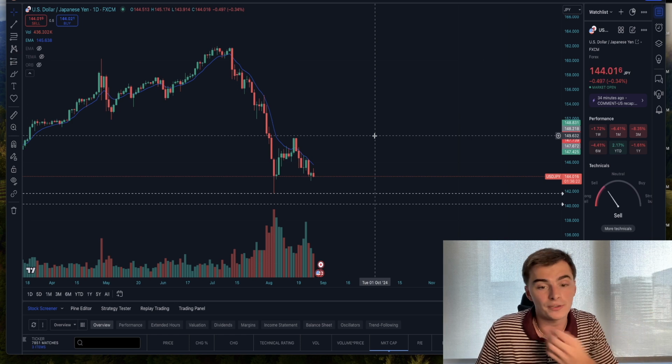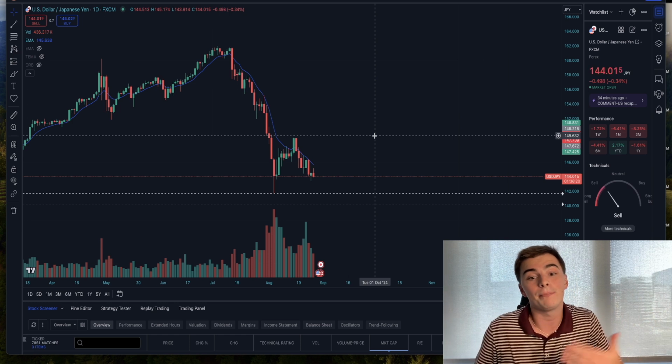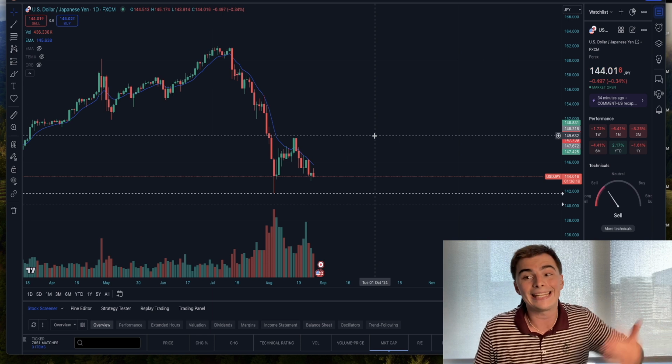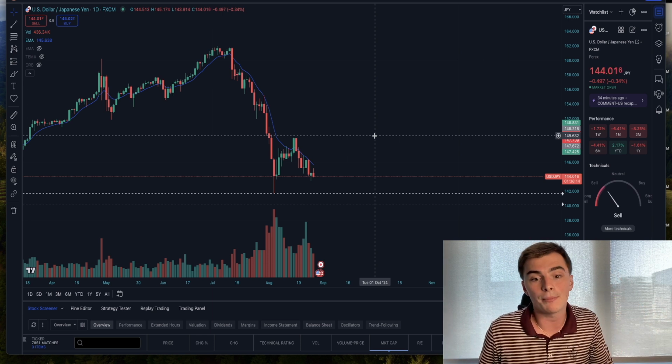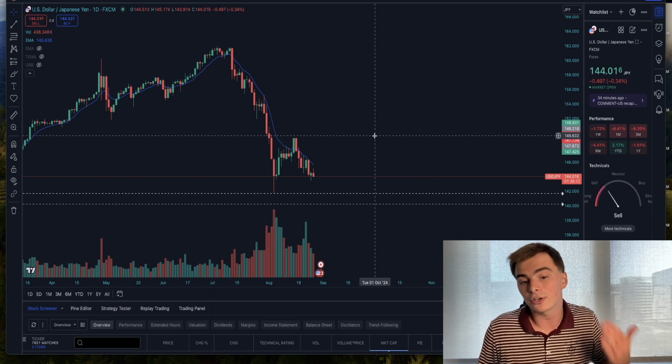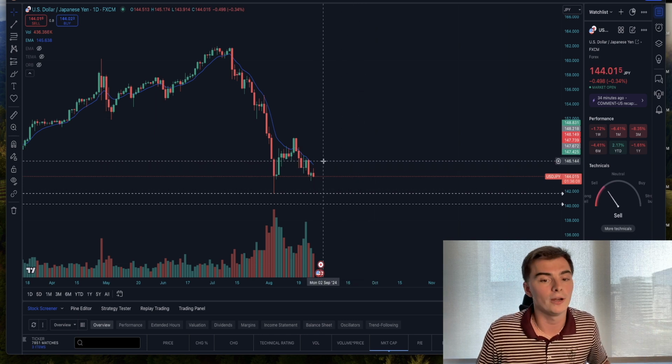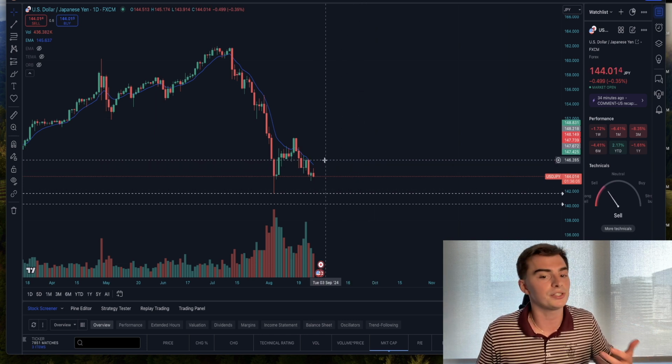Now, what a lot of these funds were doing was taking out these loans and buying US assets. If those assets aren't going to wildly outperform any movement in the currency market here, then obviously those funds are going to have issues. So that's why we've been talking a lot about Japan, the dollar, bond yields, and things like that.